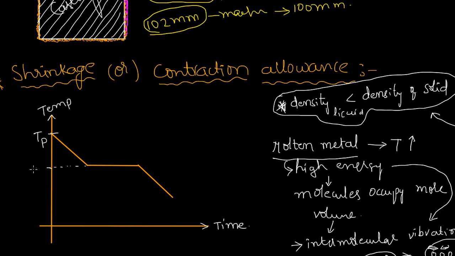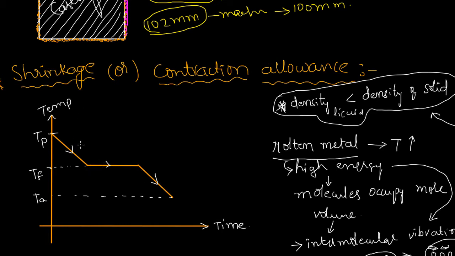This temperature is called freezing temperature or solidification temperature, and then this temperature is atmospheric temperature, that means room temperature. This is the direction of this graph. We are cooling the molten metal, that's why the direction is towards down. If it is heating, then the direction may get reversed, right?